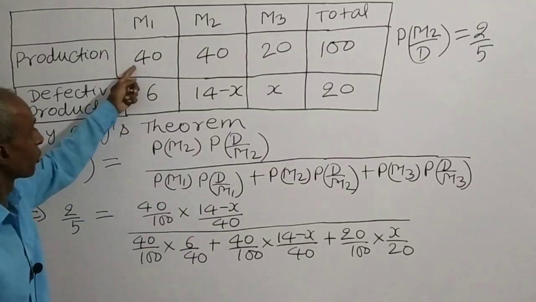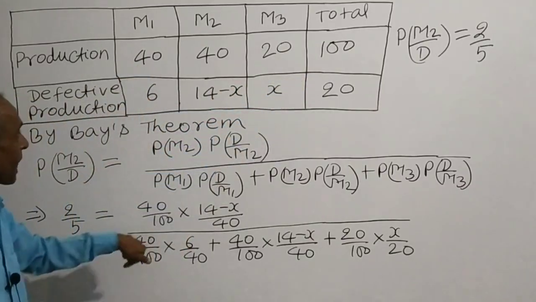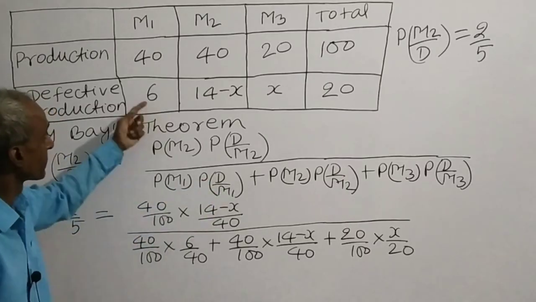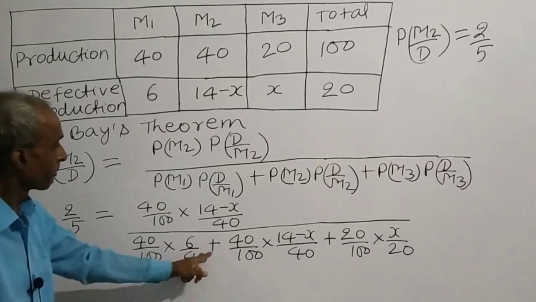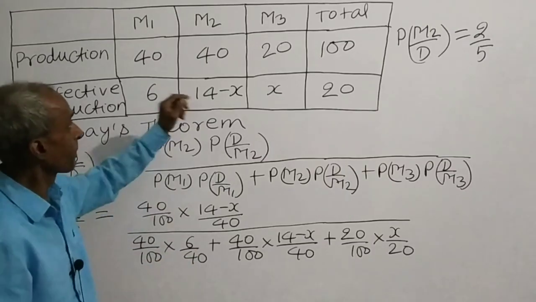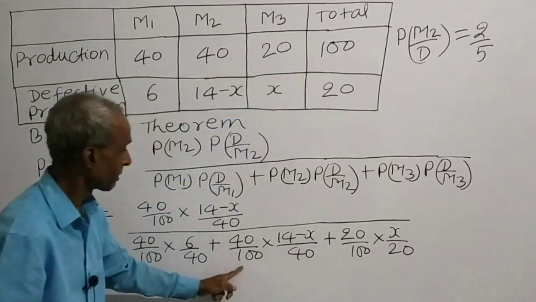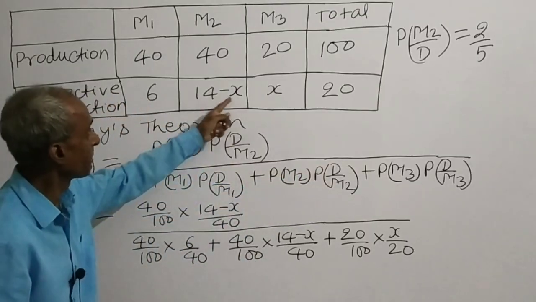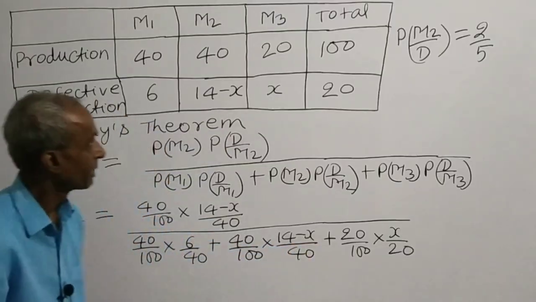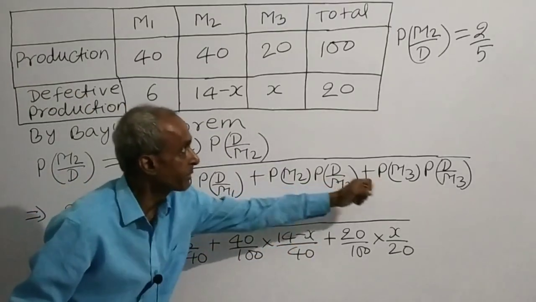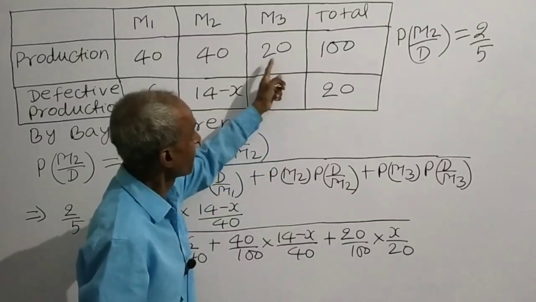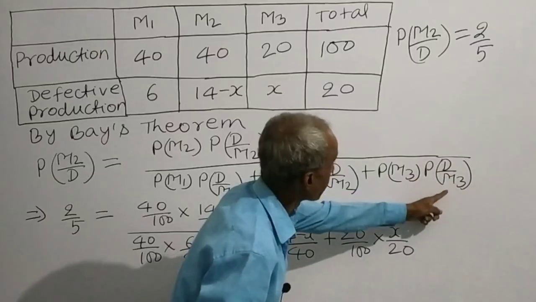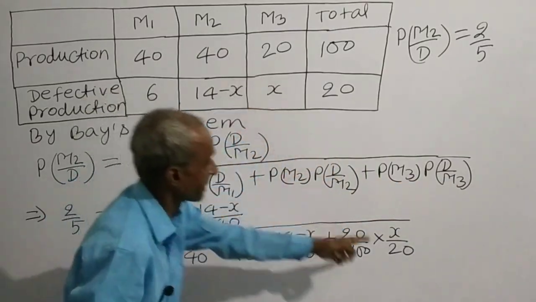Probability of M1 40 by 100 times probability of D given M1 6 by 40, plus probability of M2 40 by 100 times probability of D given M2 14 minus x by 40, plus probability of M3 20 by 100 times probability of D given M3 x by 20.